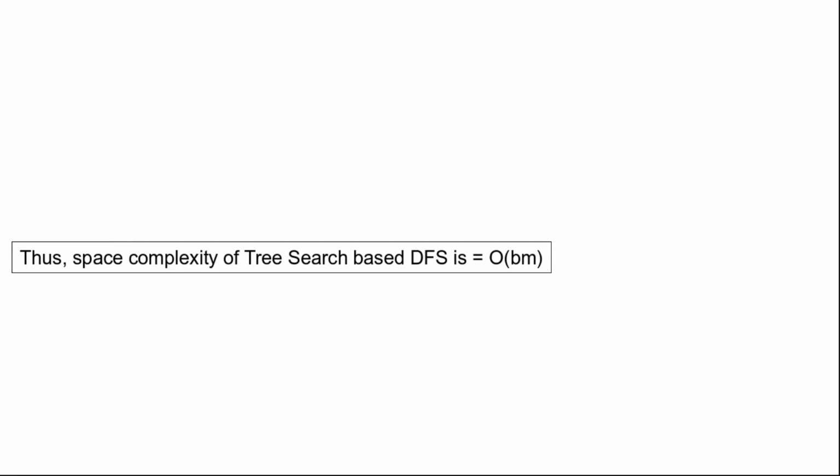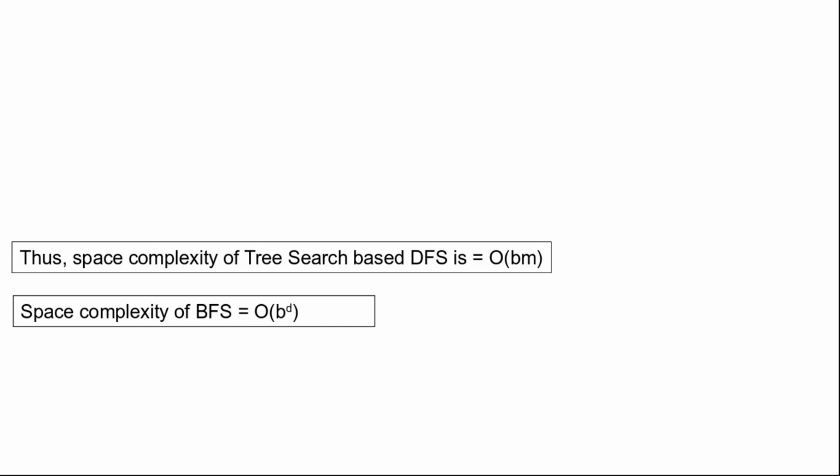And in one of the previous classes we have seen that the space complexity of BFS is big O of b to the power d, where d is the depth at which the shallowest goal node is present.